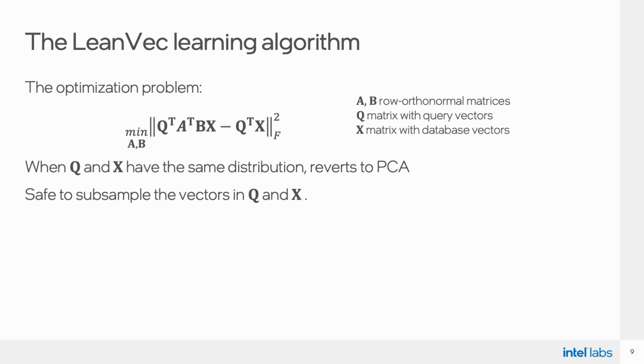When Q and X do not have the same statistical distribution, then applying a matrix A to the queries and a matrix B to the database vectors, and these are different matrices, one from the other, makes for excellent performance in out-of-distribution settings. The structure of this problem is such that we can safely subsample the number of database and query vectors that we use for learning, and a very small number is enough to achieve very consistent results with respect to the structure of A and B.